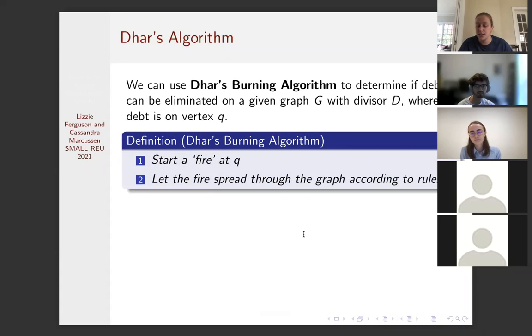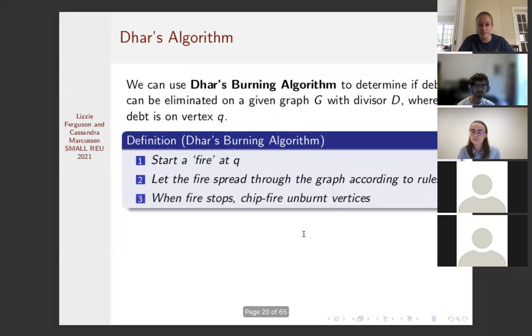So if an edge is connected to a burning vertex, that edge burns. And if a vertex has more incoming burning edges than it does chips, that vertex burns. So you can think of chips as sort of firefighters in this situation. And finally, when the fire stops, you chip fire these unburnt vertices. And if the entire graph burns, that means that you cannot eliminate debt. But chip firing these unburnt vertices will eventually, if possible, lead to eliminating debt.